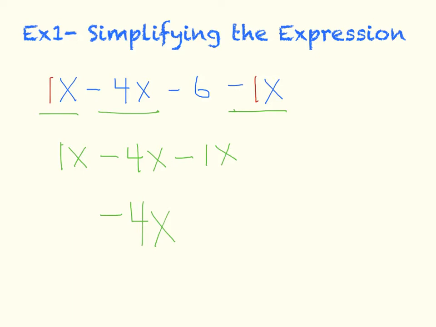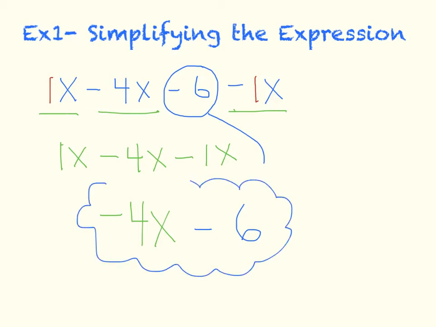Now, as we said before, sometimes we'll have terms that don't have variables or not the same variables. In this problem, that would be this negative 6. And like I said before, we'll just drop it down right here to go minus 6. And this, ladies and gentlemen, would be our final answer because they are not like terms.